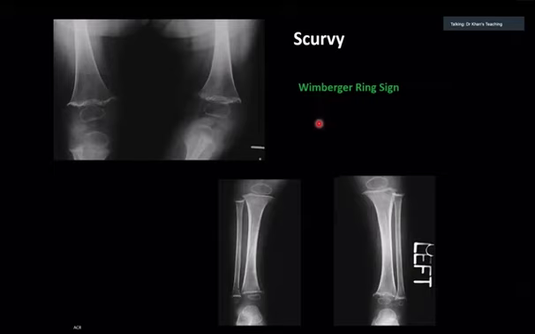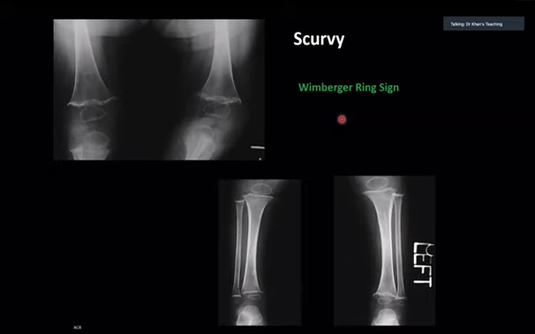So in scurvy, there is what we call Wimberger ring sign. Scurvy cannot happen before 6 months of age. Remember that, because ascorbic acid or vitamin C goes from the mother to the baby through the placenta. After 6 months, scurvy can be there.